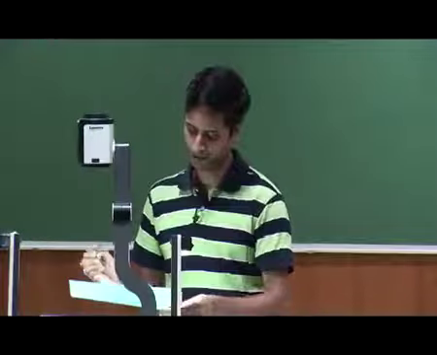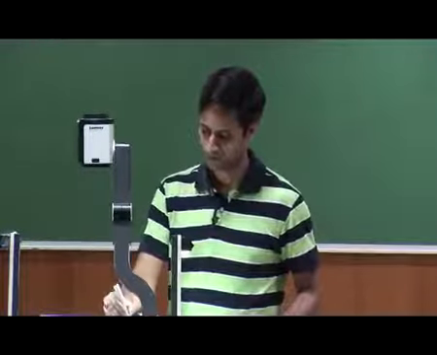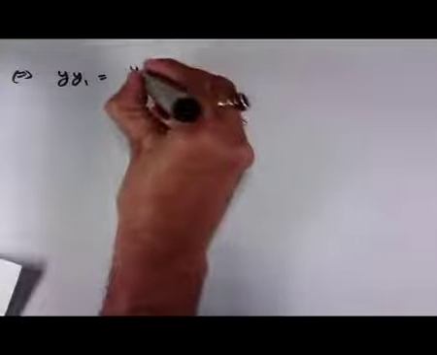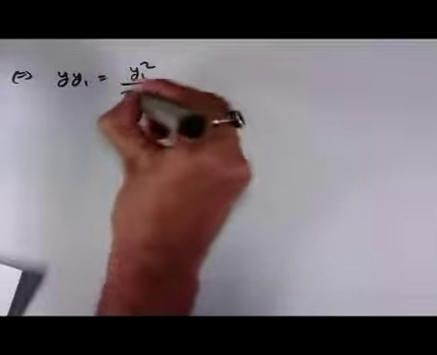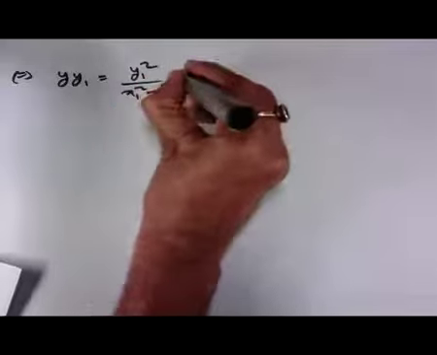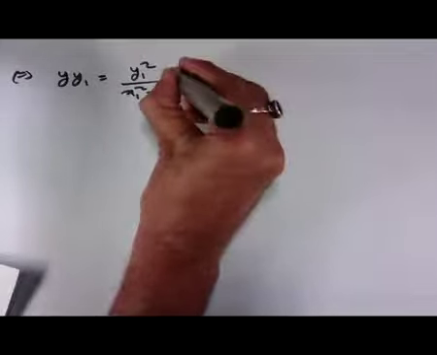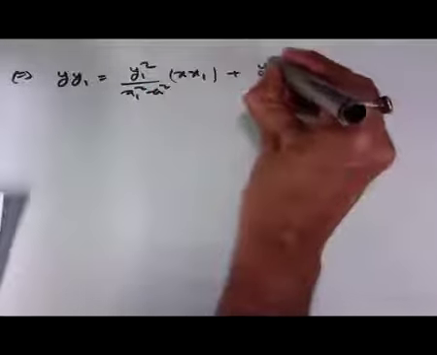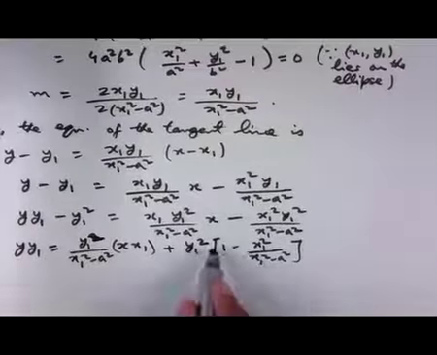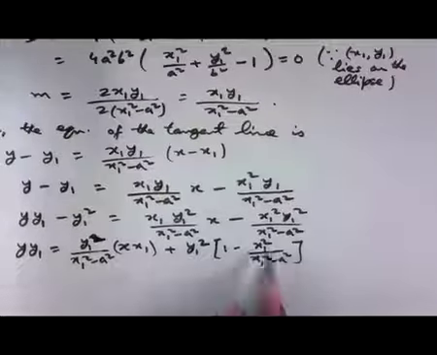So, let me rewrite it as y1 equal to y1 square by (x1 square minus a square) times x1, plus y1 square, and this quantity is (x1 square minus a square minus x1 square).